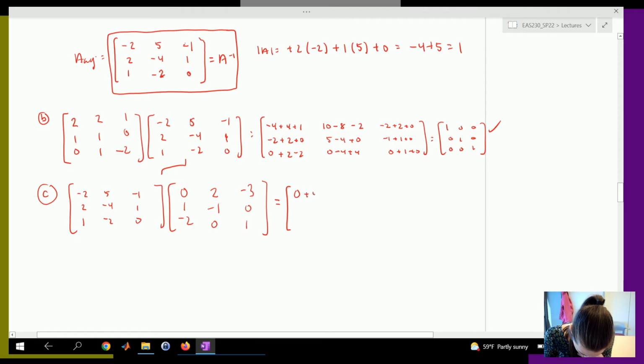So 0 plus 5 plus 2, 0 minus 4 minus 2, 0 minus 2 plus 0. Next one, -4 minus 5 plus 0. 4 plus 4 plus 0. And then 2 plus 2 plus 0. And lastly, we have 6 plus 0 minus 1. So minus 1.